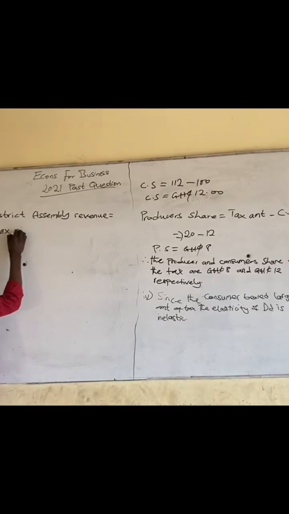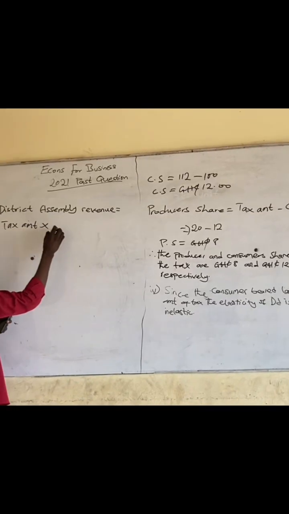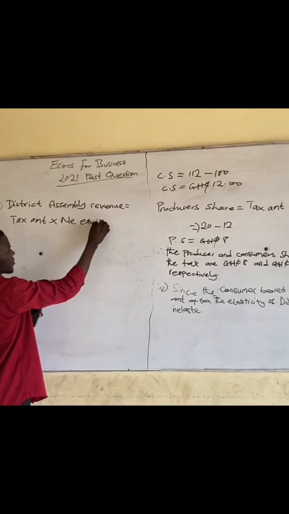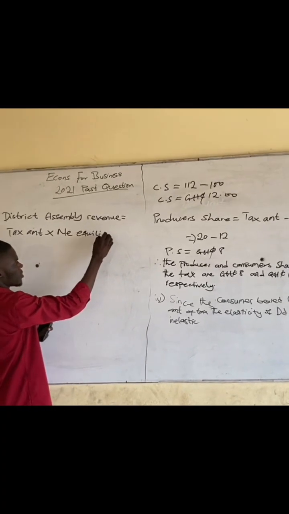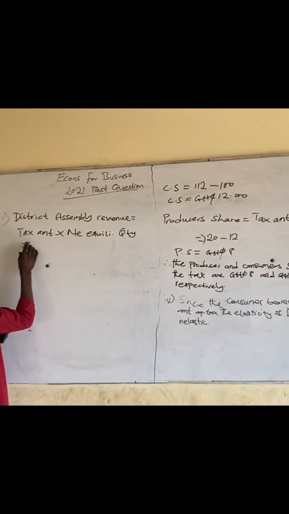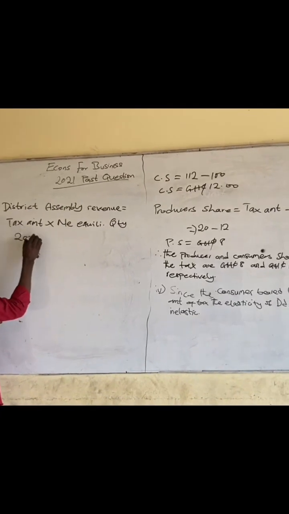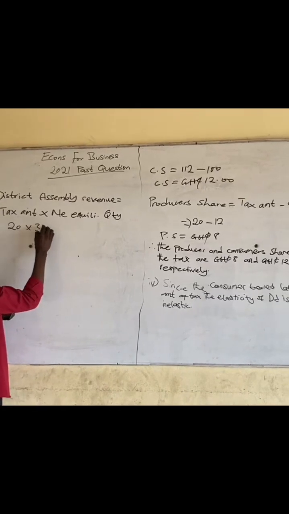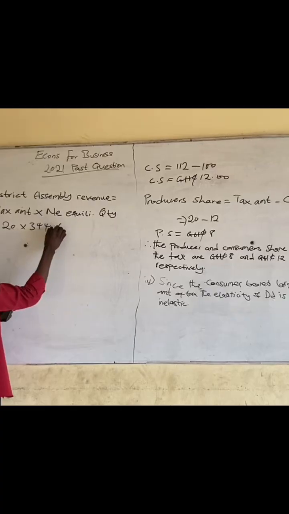multiplied by our new equilibrium quantity. Okay, so our tax amount is 20 cedis by the new equilibrium quantity, which was 344.6.